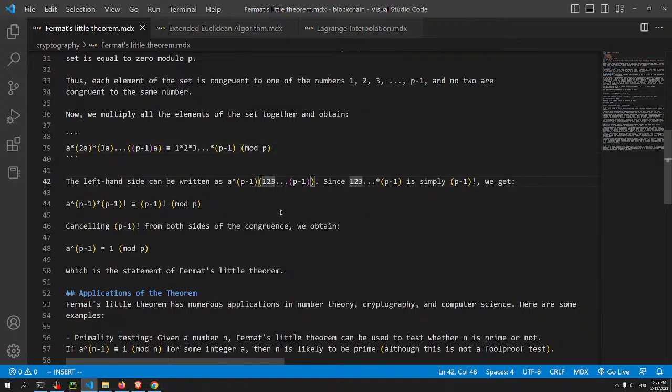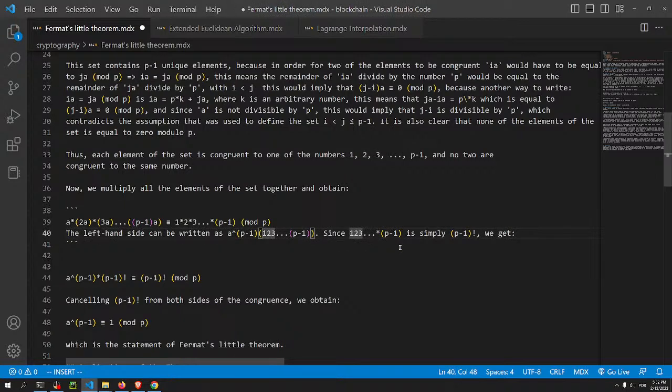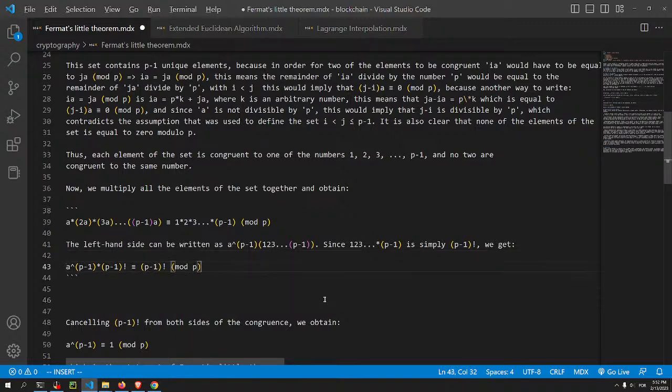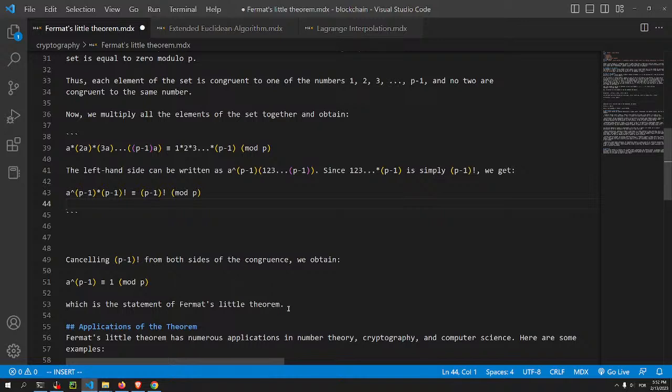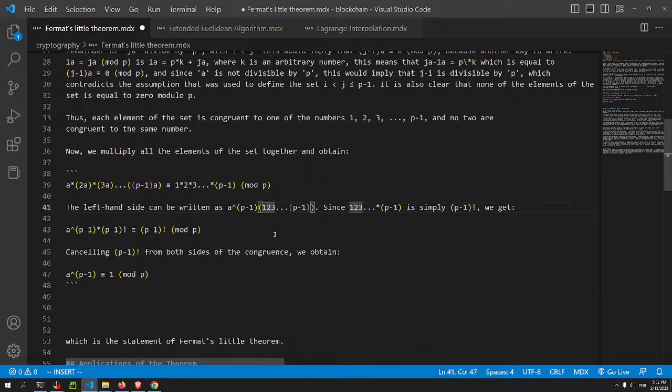I think this is multiplication here. Yeah, because you're distributing A, and you're gonna sum the exponents, because A is gonna be multiplied by itself this amount of times, so it becomes the exponent. And the other, you're multiplying the numbers.